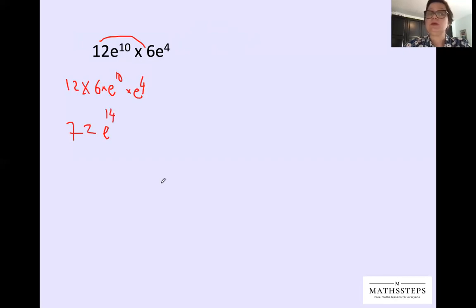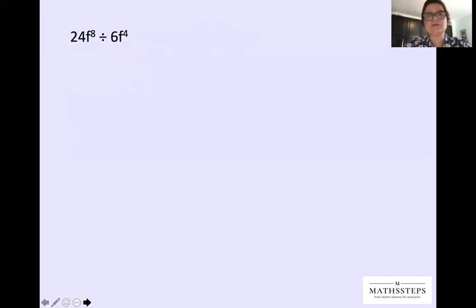So when you have a mixture of numbers and letters, you multiply the numbers and then you multiply the letters by adding the powers. Next one. Now here's a division. We know the rule of division. Exactly the same thing. Let's rearrange. So 24 divided by 6 times f to the power of 8 divided by f to the power of 4.